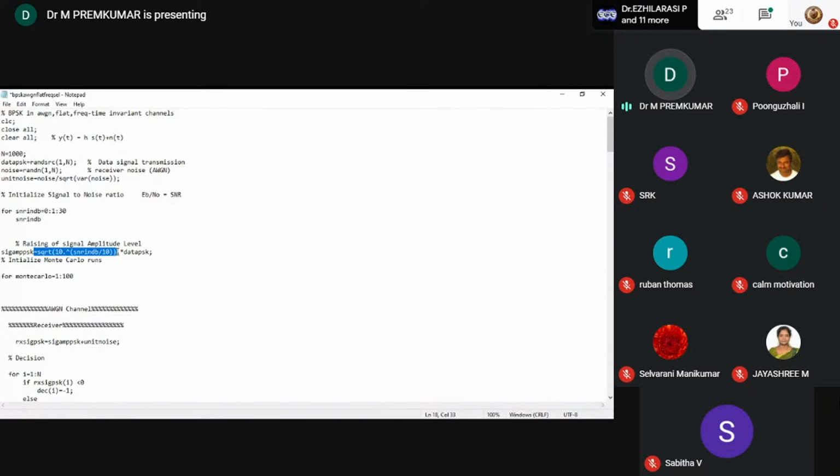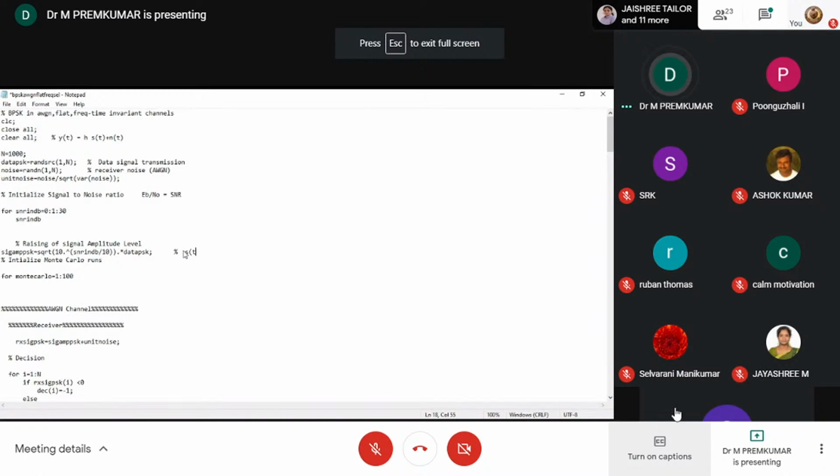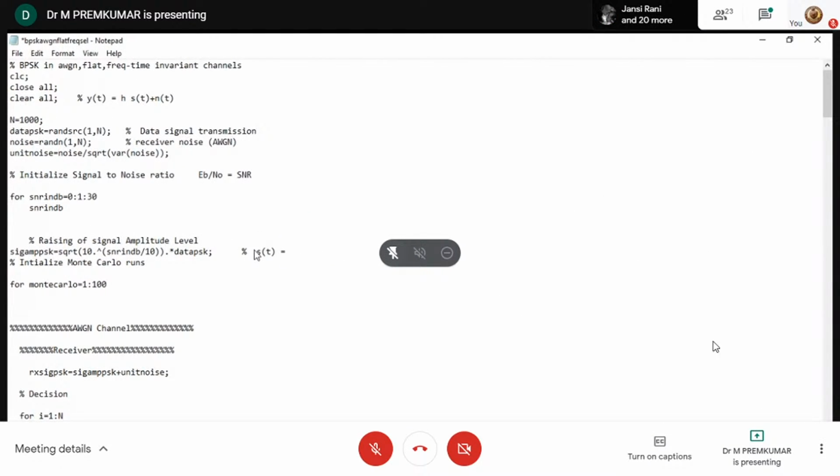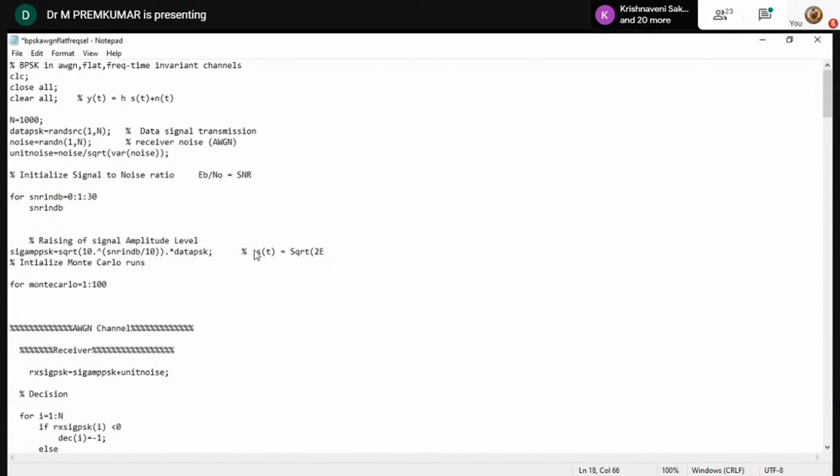Okay, so you might think why it is there. S of t is nothing but square root of 2 times EB by N naught, multiplied by cos 2 pi FCT.